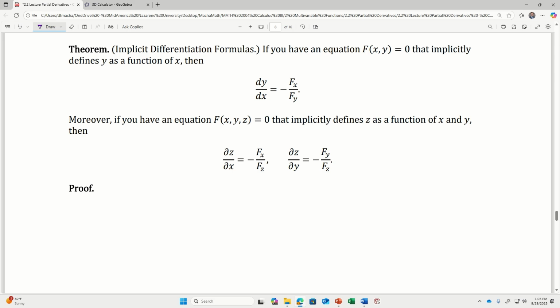Instead, we're going to do it like this and say, if you have an equation where the left side of the equation is a function of both x and y, and the right-hand side is just 0, then if you want to take the derivative of y with respect to x, it would just be negative capital F subscript x, the partial of f with respect to x, divided by the partial of f with respect to y.